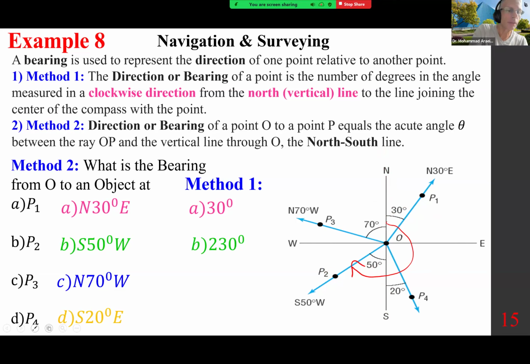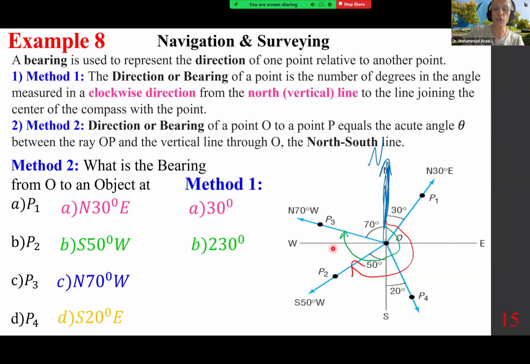P3. This angle. That's all you're saying, this angle, because you always compare it to the north, okay? This one. That's all.